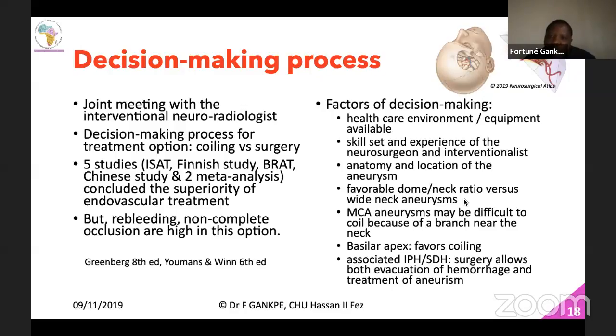MCA aneurysm may be difficult to coil because of the branches near the neck. The basilar apex is favorable for coiling. With an associated intraparenchymal hematoma or subdural hematoma, surgery allows both evacuation of hemorrhage and the treatment of the aneurysm.